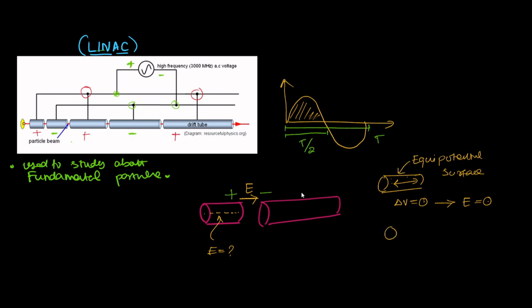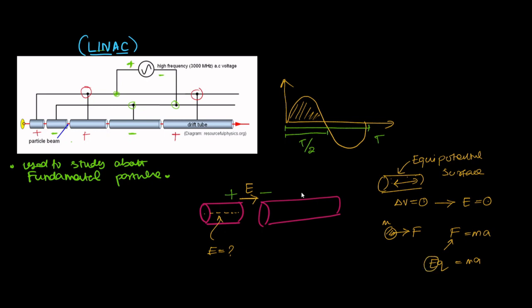That means, let's think about a proton. The proton has a certain mass m, and I want to accelerate that proton, so I need a force. How is this force obtained? This is the electric force, eq.